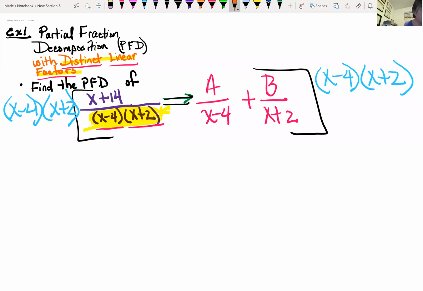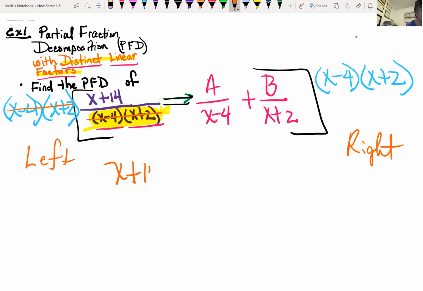If you're with me, what you should notice is that on the left side of the equation, we'll call this the left, and obviously this is the right, both of these are going to cancel out, leaving you just the original numerator.